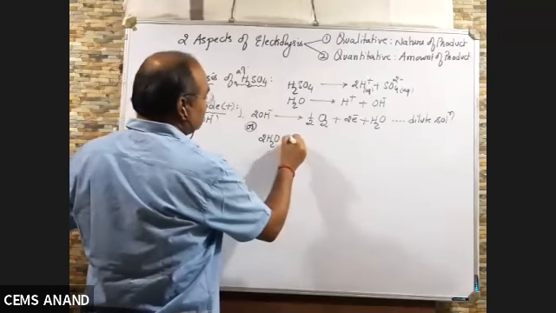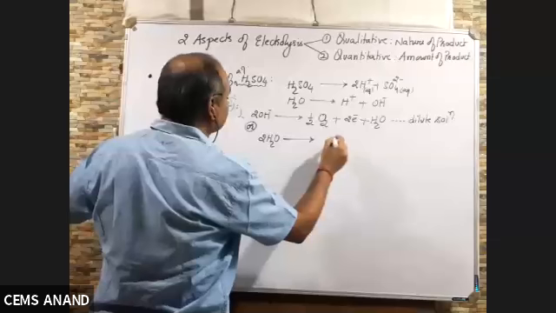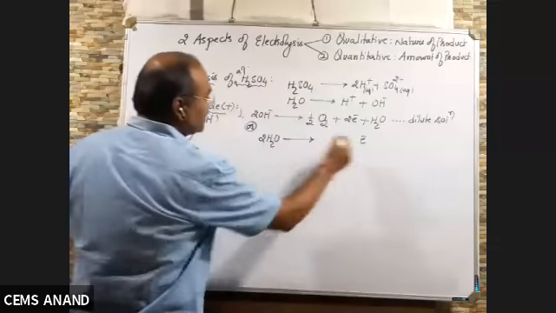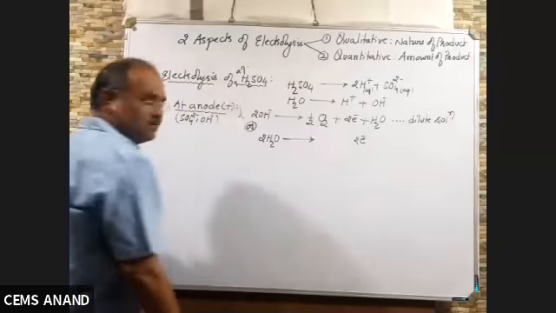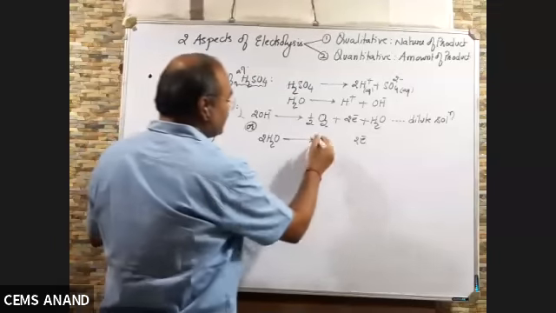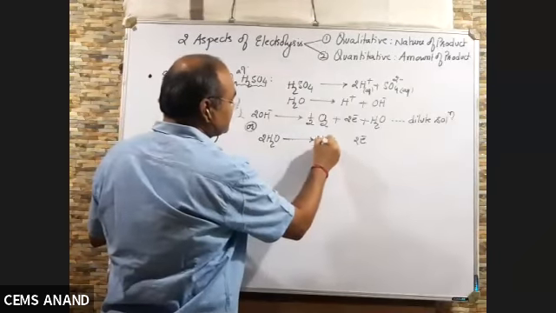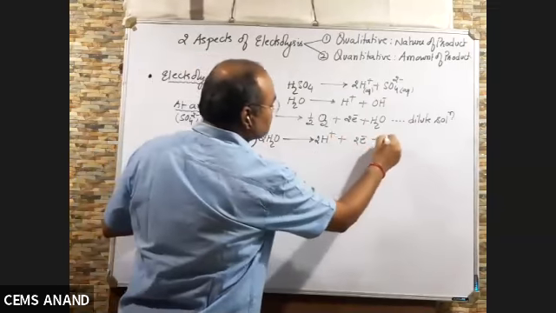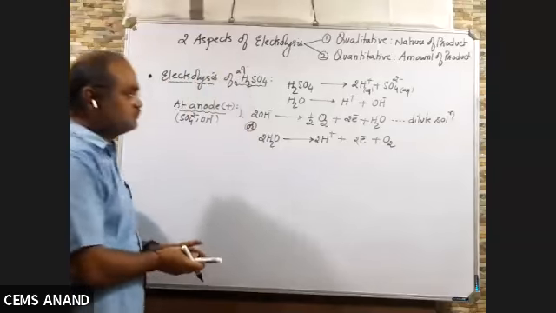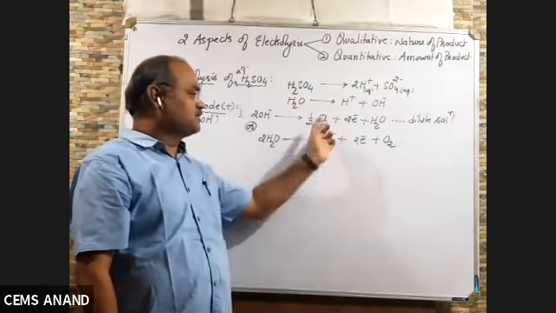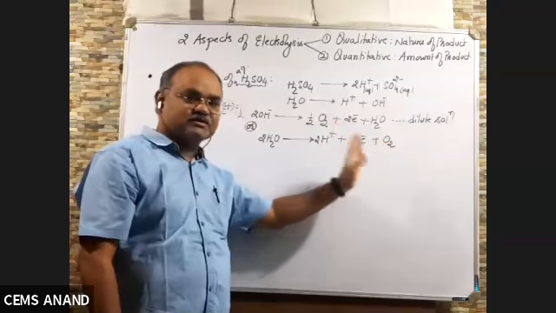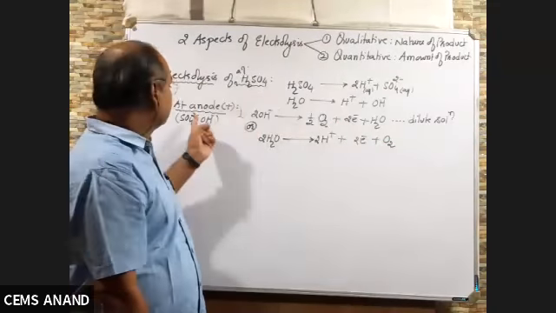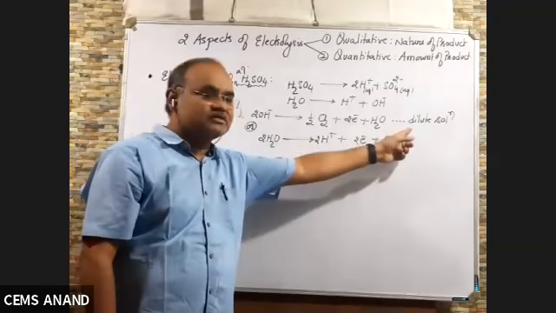So water loses 2 electrons, and when it loses electrons it becomes H plus, and what is left is O2 gas. So whether you write this equation or that equation, both are correct. Oxygen gas is obtained by electrolysis of aqueous H2SO4 solution at anode when the solution is dilute.